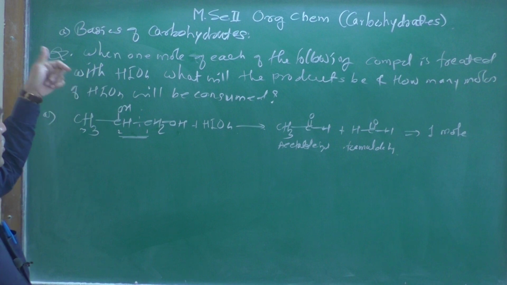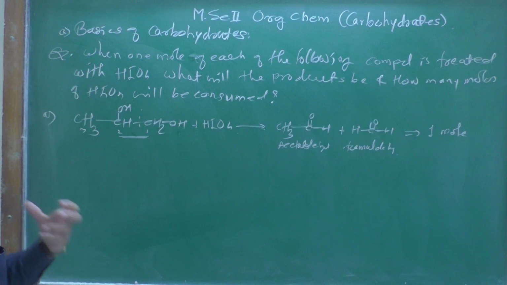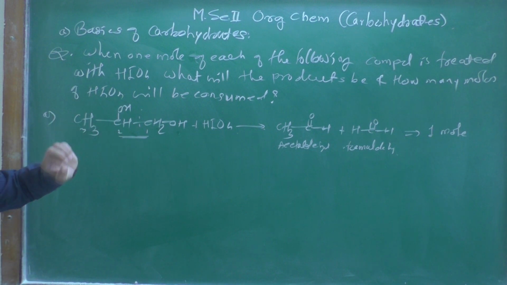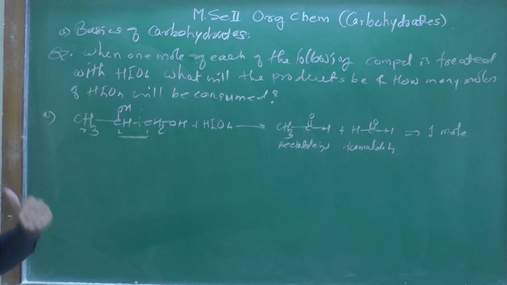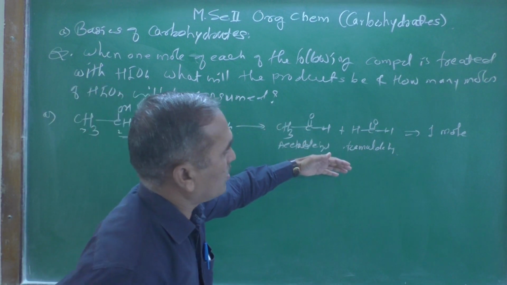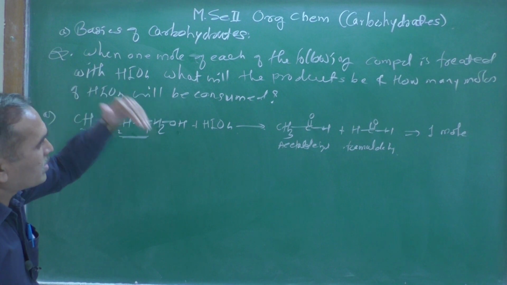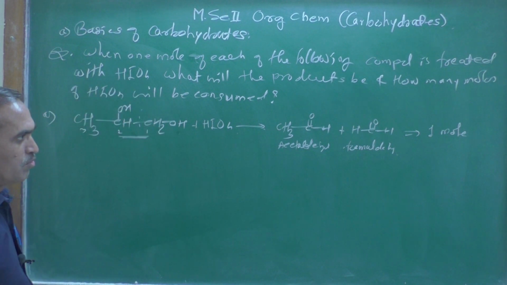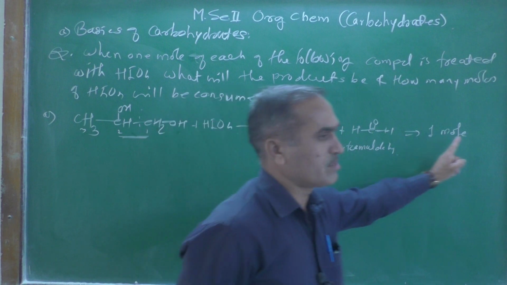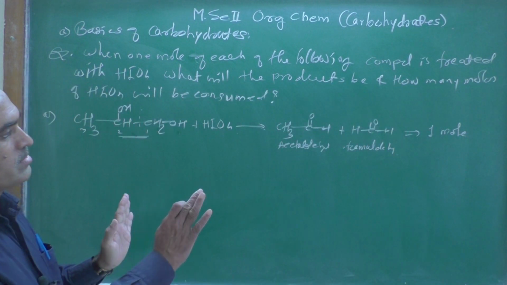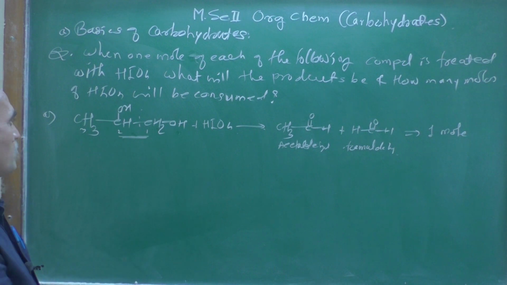According to the question, when 1 mole of each of the following compounds is treated with HIO4, what will the product be? These are the products, and how many moles of HIO4 will be consumed? Only 1 mole gets consumed. So in this way, that's the answer we can write over here.